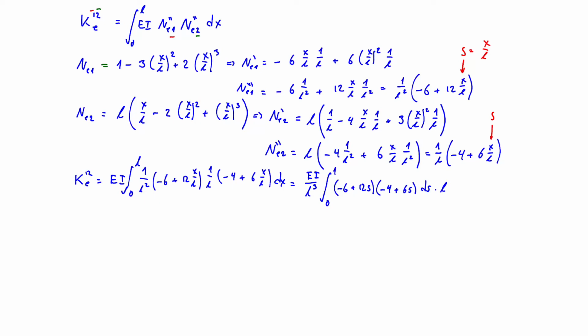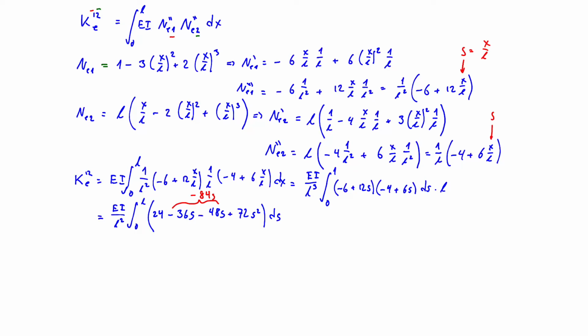and then we need to remember to multiply by L. That means that the common factor is EI divided by L squared, and then we integrate from 0 to 1, one big parenthesis, providing us with 24 minus 36s minus 48s plus 72s squared, integrating with respect to s. We see that the two middle terms add up to minus 84s.